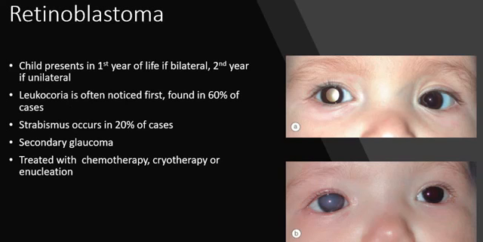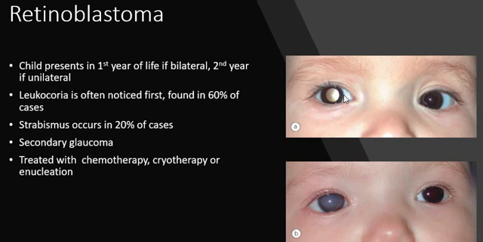So what signs and symptoms should you look out for? Well, the child will come into the clinic usually in their first year of life, or maybe second year, depending if the condition's bilateral or unilateral. Leukocoria is noticed firstly, and it's found in about 60% of cases, and that's this abnormally white reflex out of the pupil.